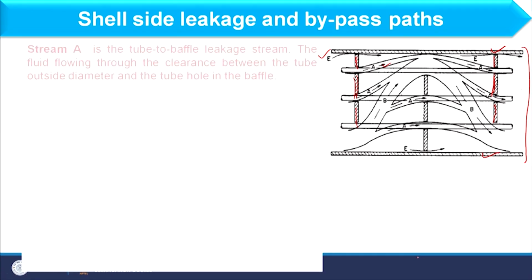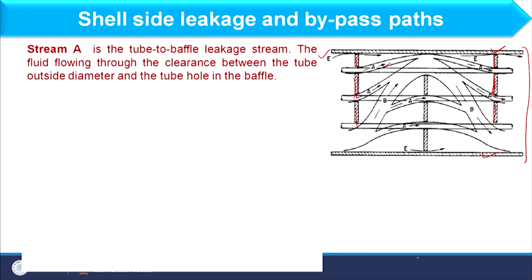First of all we will focus on stream A, which is this. Now, where is this A stream available? A stream is available in the gap between the holes which are made in the baffle and the tube OD.